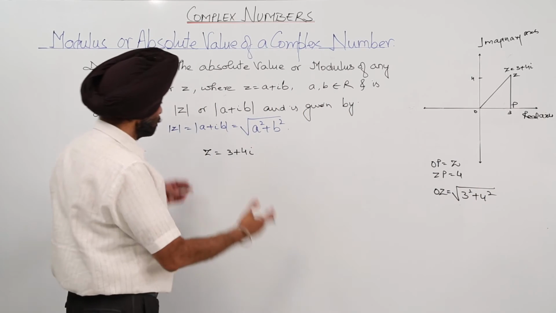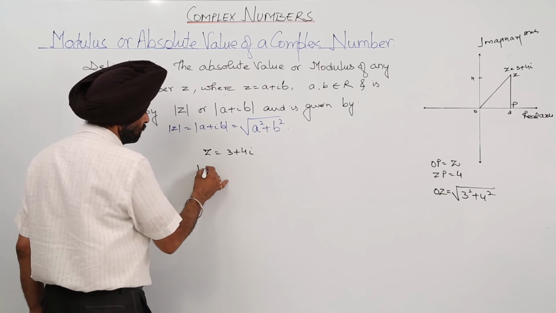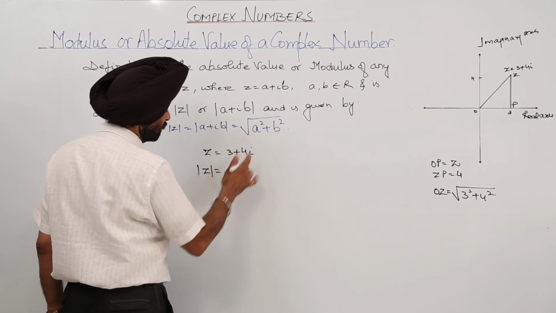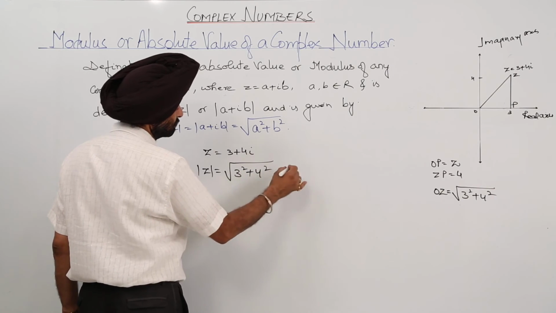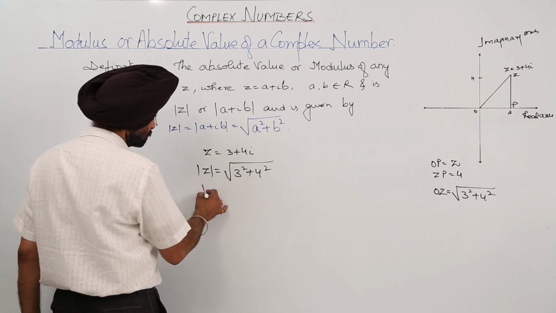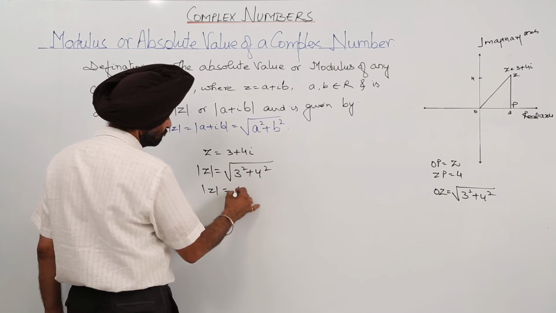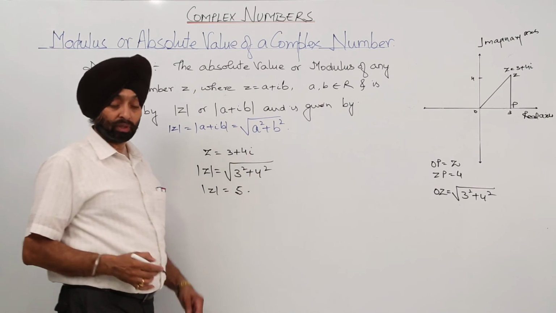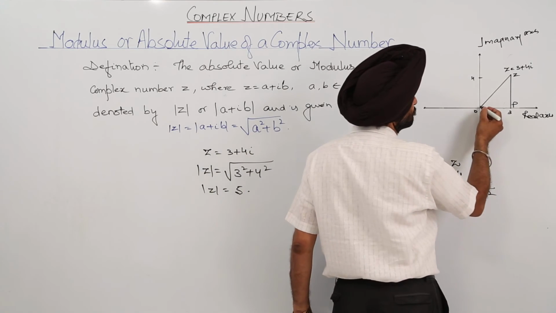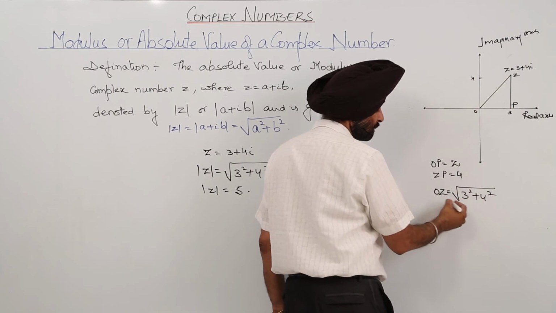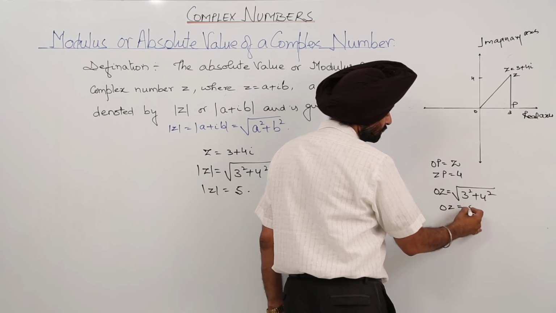Now modulus of Z, according to our formula, is also square root of 3 square plus 4 square. Is it clear? So modulus of Z is here 5, square root of 25, that is 5. And OZ is equal to 5.